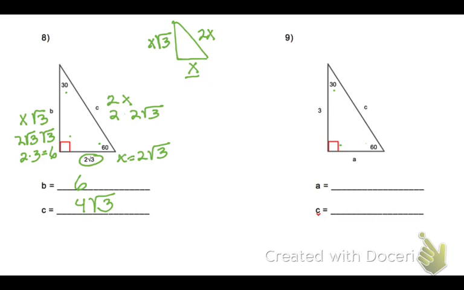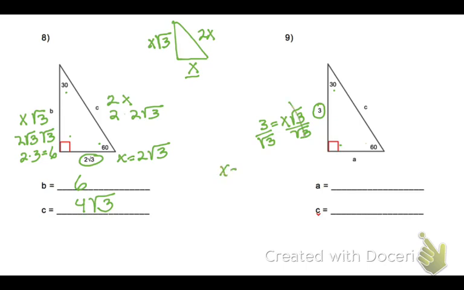And we are given our longer leg. So our longer leg 3 is equal to x times the square root of 3. So we're going to have to do a little cleanup work there, because in order to isolate the x, we need to divide both sides by the square root of 3. These two cancel.